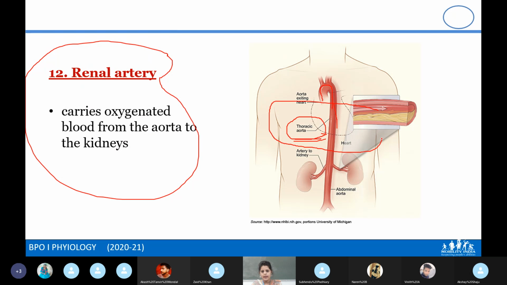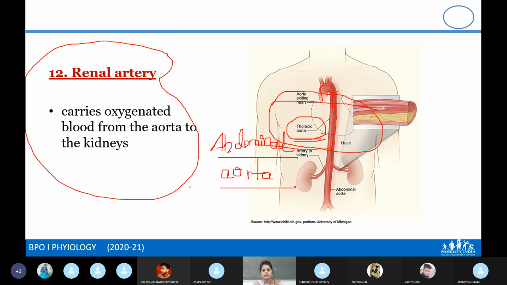Then as it goes down, there is one more, called the abdominal aorta, which supplies the internal organs like the stomach, liver, kidney, and gallbladder.